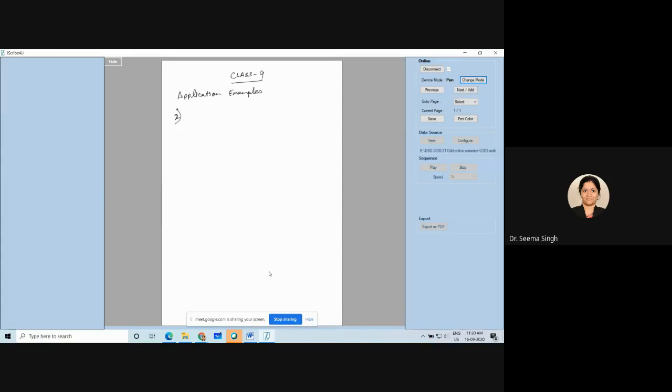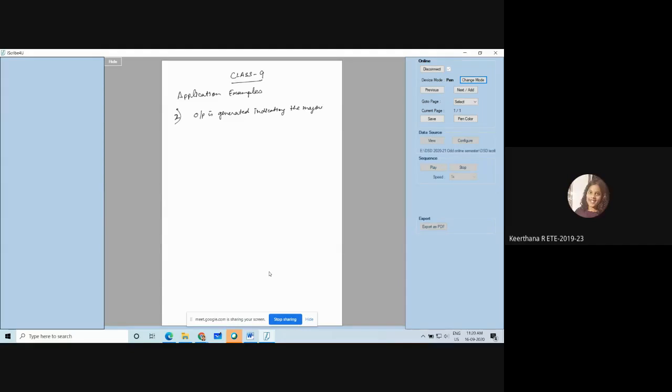Now today our next question says that you need to design a combinational circuit which will generate an output indicating the majority, and what is the number of inputs? 4 inputs.